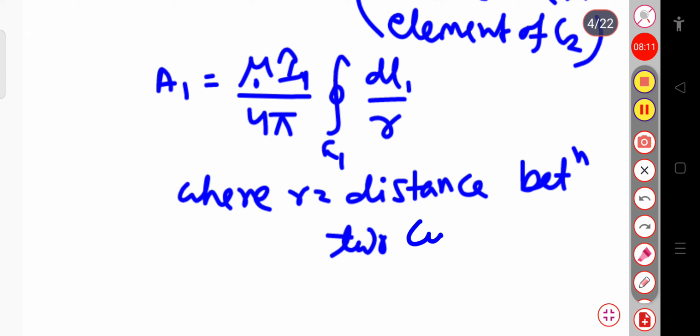That is, dl1 and dl2 are the current elements, and the distance between dl1 and dl2 is R.